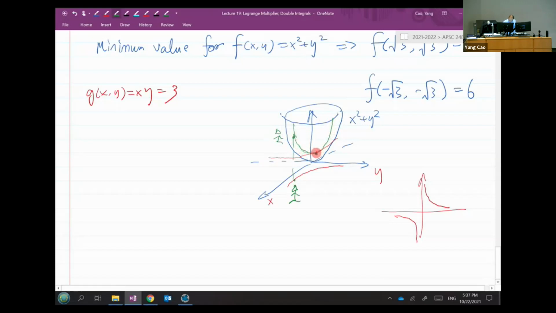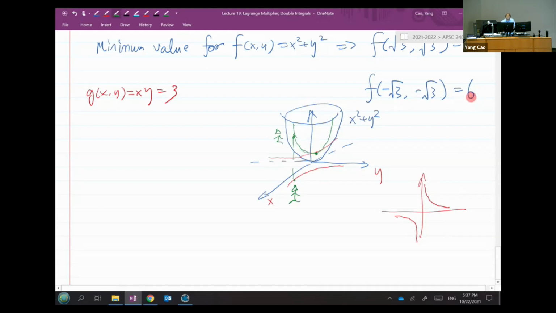And that location is the minimum location due to the constraint. That makes sense? Because of symmetry, if you go along the other side and get on the other side of the surface, you get exactly the same minimum value like we show here, 6.